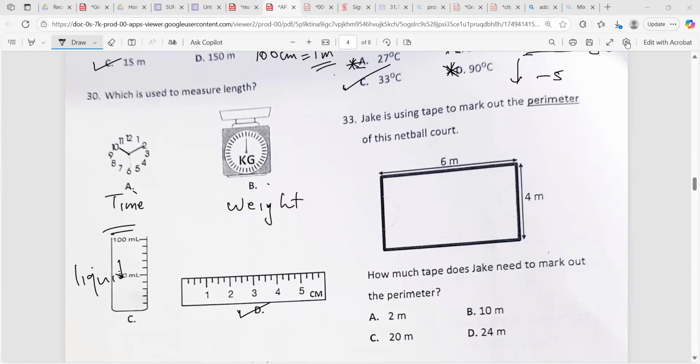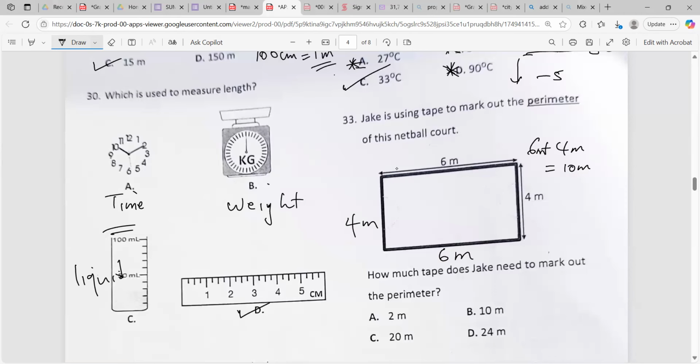This side is 6. Both sides are 4 and the bottom and the top is 6. Okay, so this should be 4. Why is it 4 though? I'm wondering. The other side is also 4.